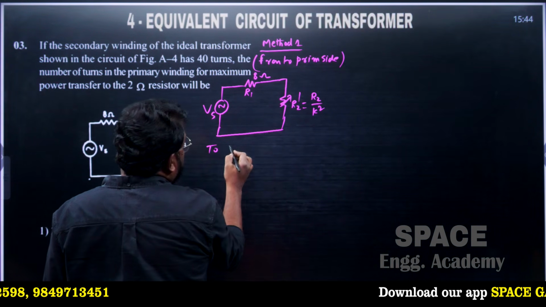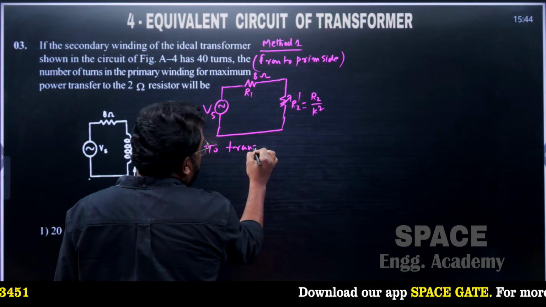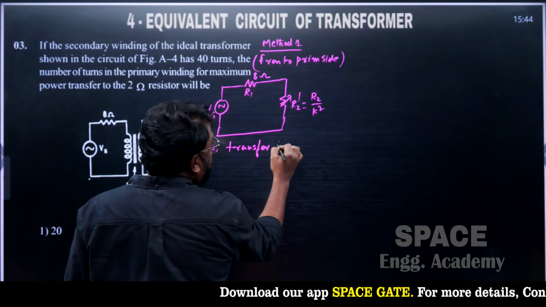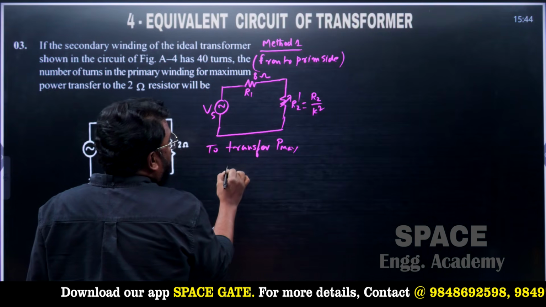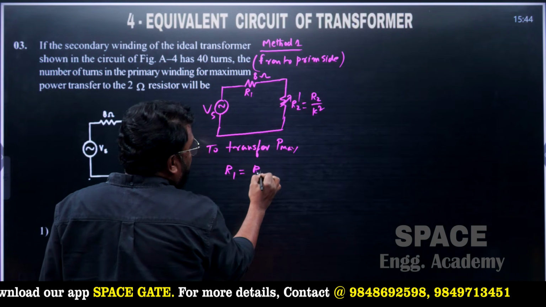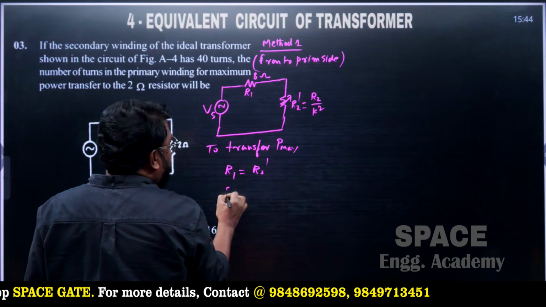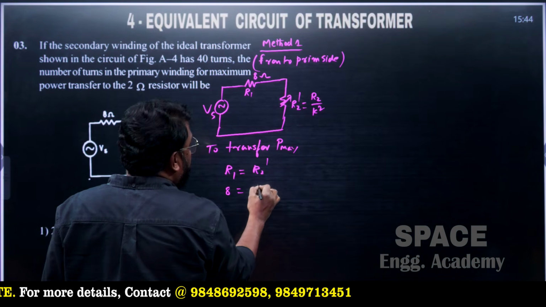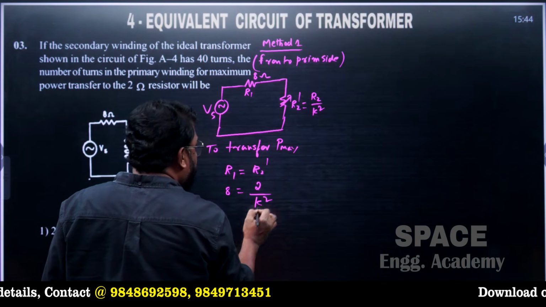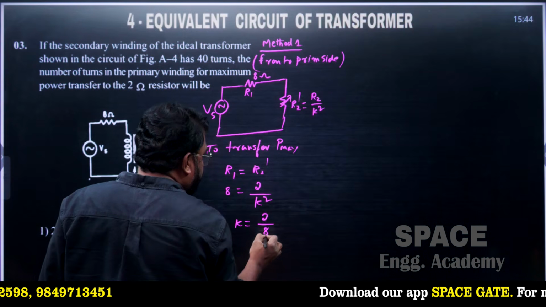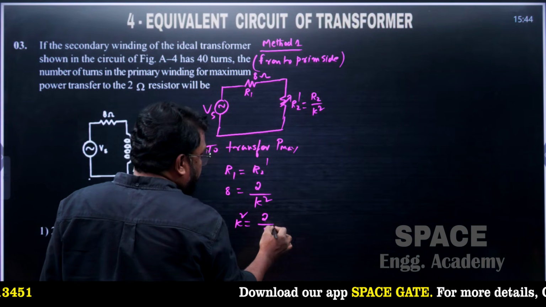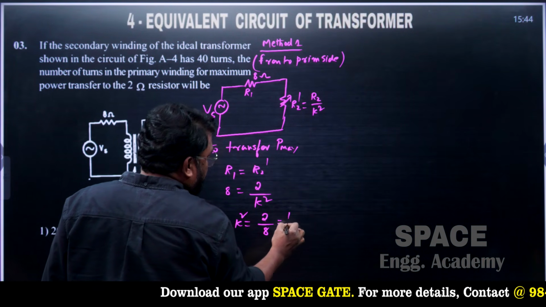So to transfer the maximum power, the condition is R1 is equal to R2 dash. R1 is 8, R2 dash is equal to 2 by K square, so K square is equal to 2 divided by 8, that is 1 by 4.